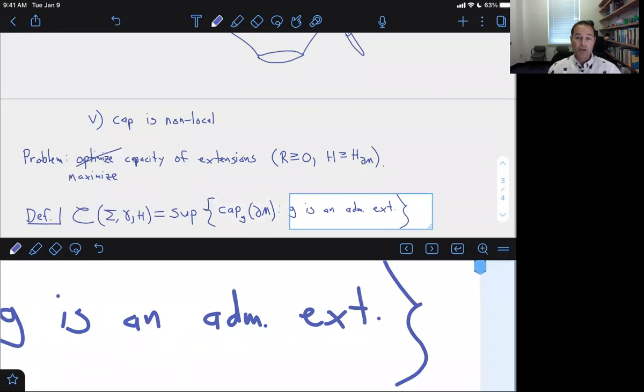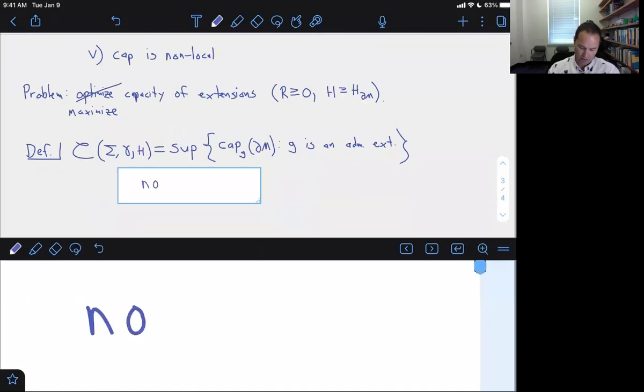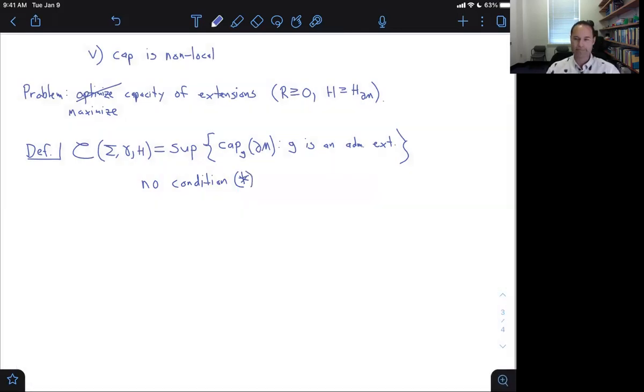So that's the definition. Notice if you compare that with the Bartnik mass, there's one very obvious difference besides the fact you're maximizing instead of minimizing. There's no condition star here. So there's no need to put in some kind of condition star requiring you not to have minimal surfaces enclosing it, or having your boundary being outer minimizing, because the kinds of examples that make that a problem for mass are actually not optimal for capacity.